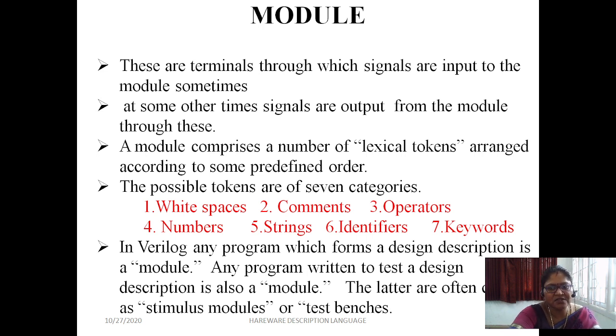The terminals are the means through which inputs and outputs are transferred in our module. All modules comprise a number of lexical tokens in a predefined order. The possible lexical tokens are white space, comments, operators, numbers, strings, identifiers, and keywords.